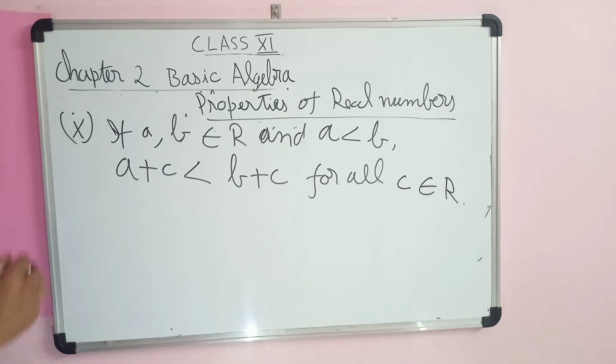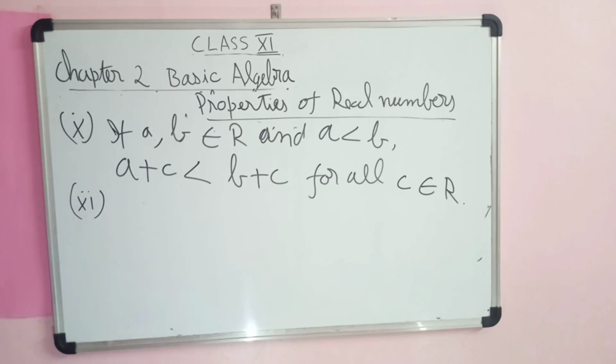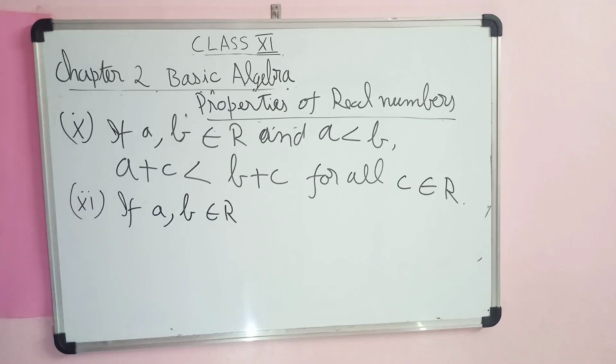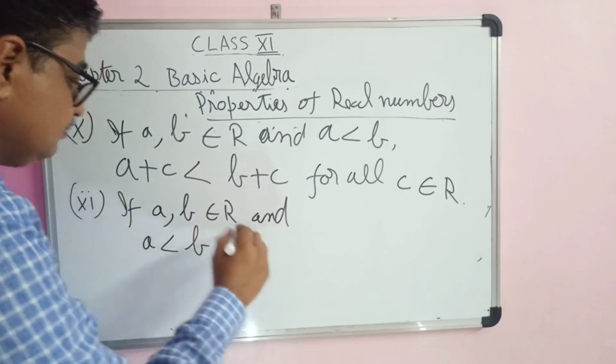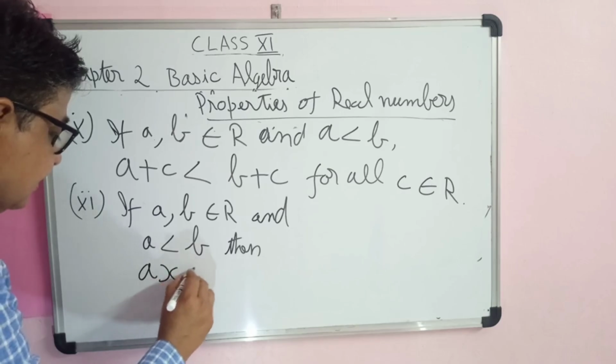Then property 11. If A, B belong to R and A less than B, then AX less than BX.